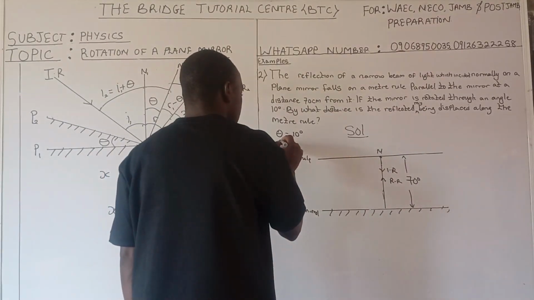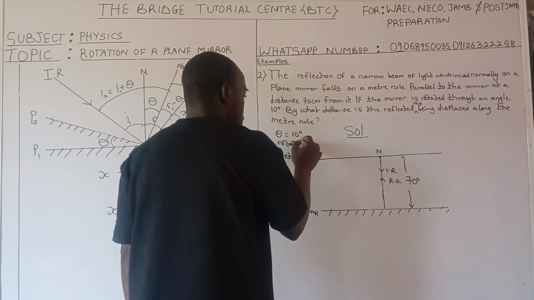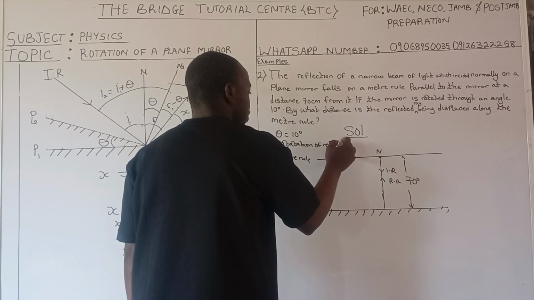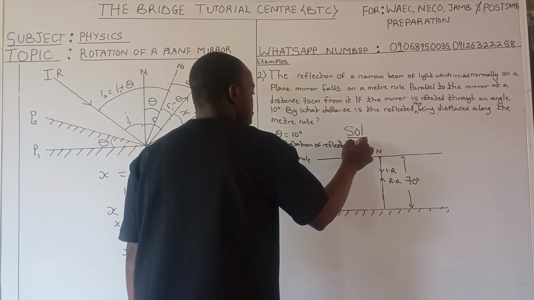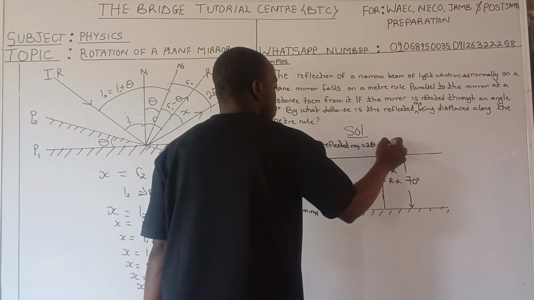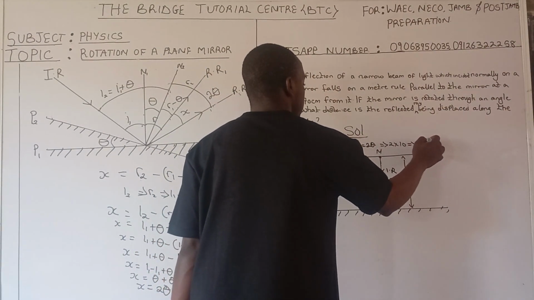So the rotation of the reflected ray is equal to 2 theta, which is 2 multiplied by 10, giving us 20 degrees.